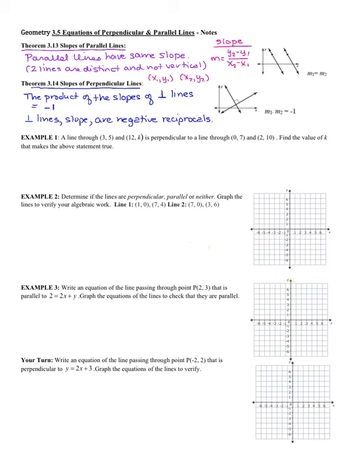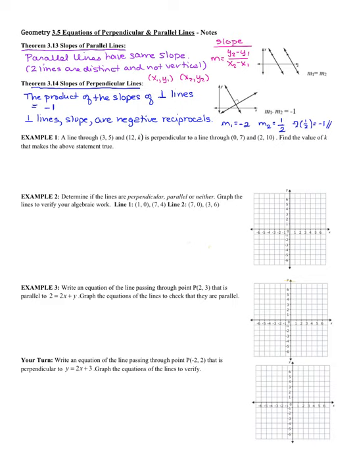Well, as an example, if m1 were, say, -2, that would mean m2, so reciprocal means this is like -2 over 1, so this would be a positive 1/2. And then to verify, you could just go -2 times 1/2 does in fact equal -1. So that's a quick way to verify that you have perpendicular lines.